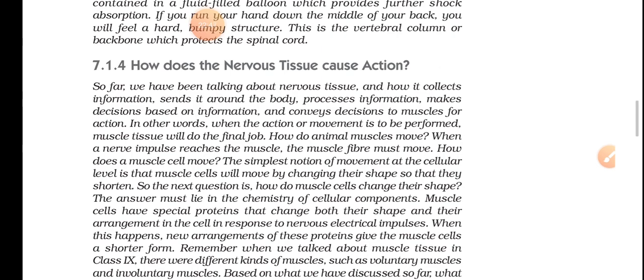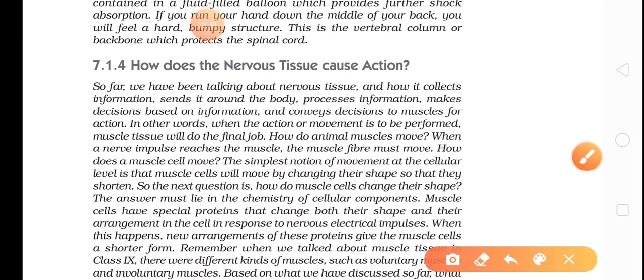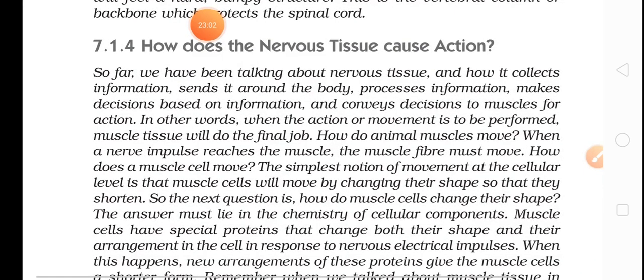When the nerve impulse reaches the muscles, what is happening here? When it reaches the muscles, the muscle fibers move. In muscles we have muscle fibers. These muscle fibers move, and when they are moving, contraction is taking place.